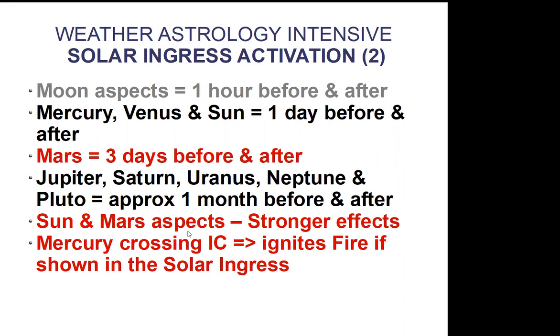So when Mars and Sun start aspecting things, take note. And when Mercury crosses the IC and there's fire indications around, it can ignite fire because air is what feeds fire. So that's something to look for.